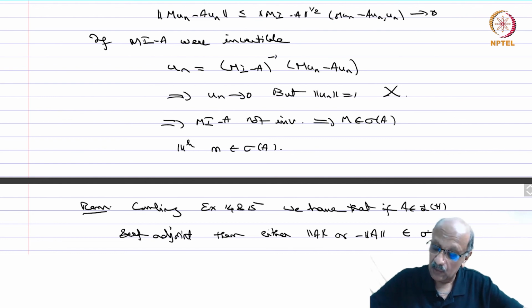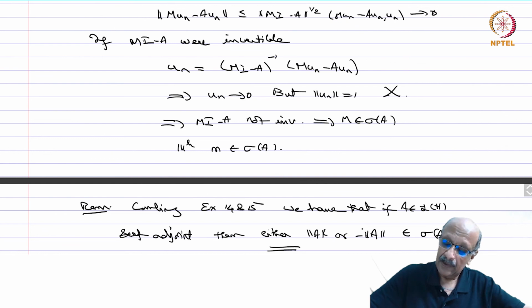We don't know how the thing behaves, and therefore one of them definitely has to be, because that is the supremum of the mod (Au, u). So you will get either small m or capital M when you remove the modulus, and therefore one of them has to be in sigma of A. Okay, so we will wind up this chapter and we will take up another topic next time.